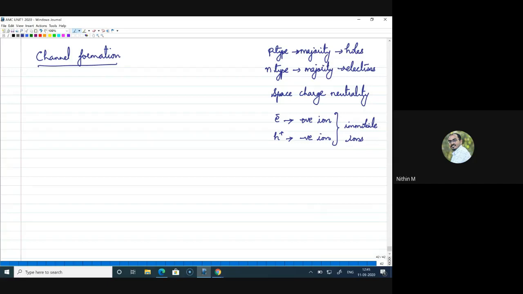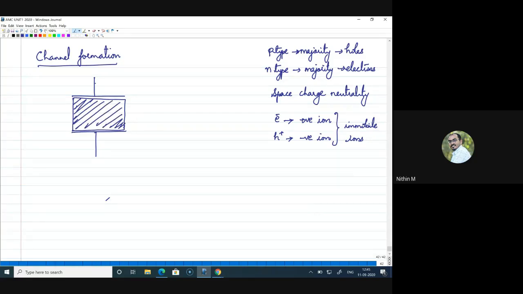So let us start with the channel formation. Before going to that, let me start with two parallel metal plates, and assume that there is some dielectric in between those two metal plates.